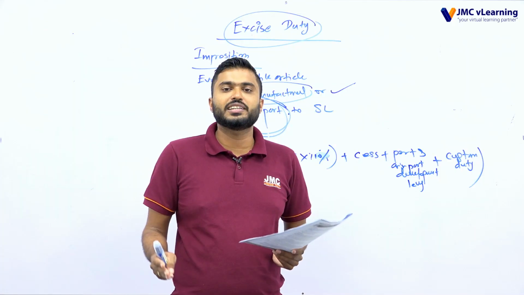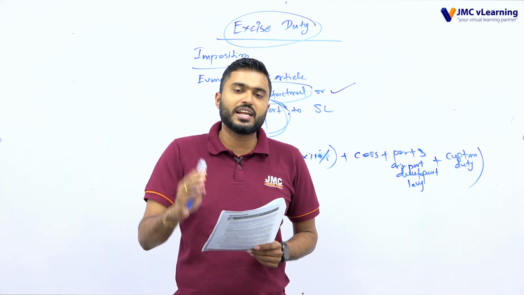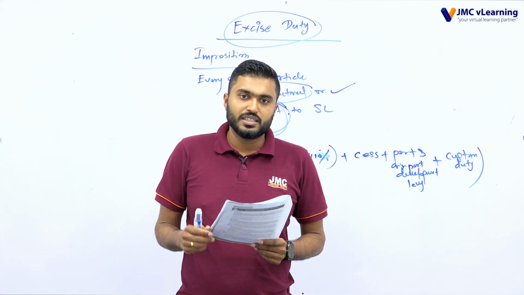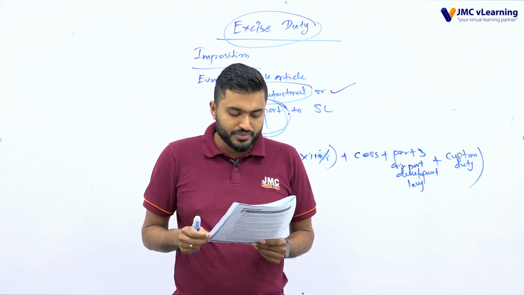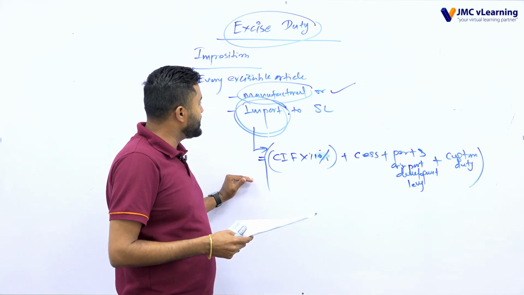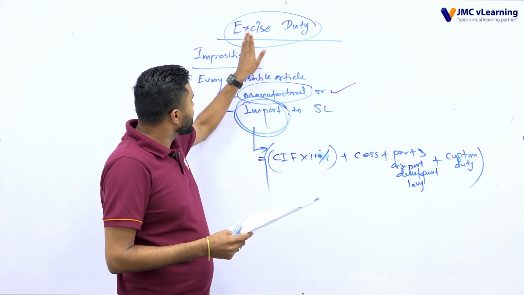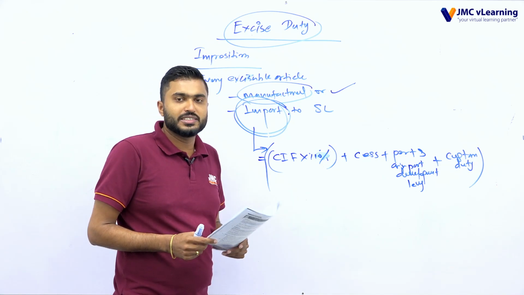That means if the quarter ends on 31st March 2024, your payment and the return should be submitted on or before 30th April 2024. That is the requirement for payment and return submission of excise duty regarding the manufactured goods.